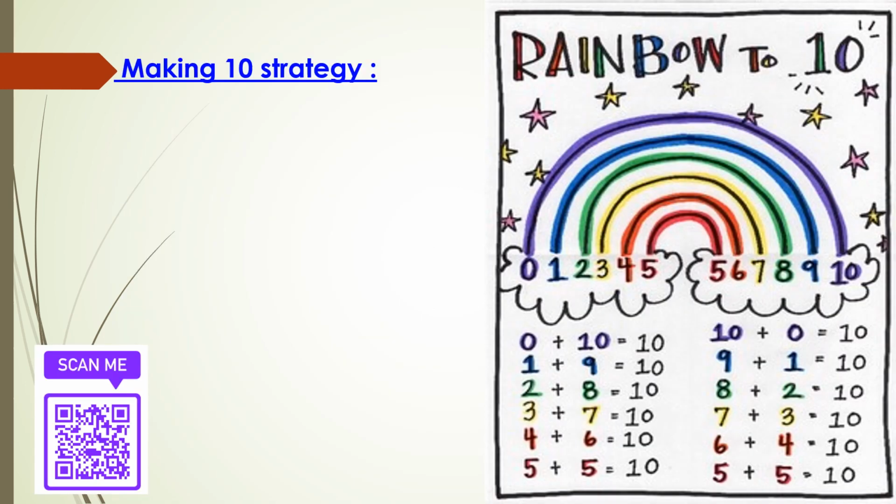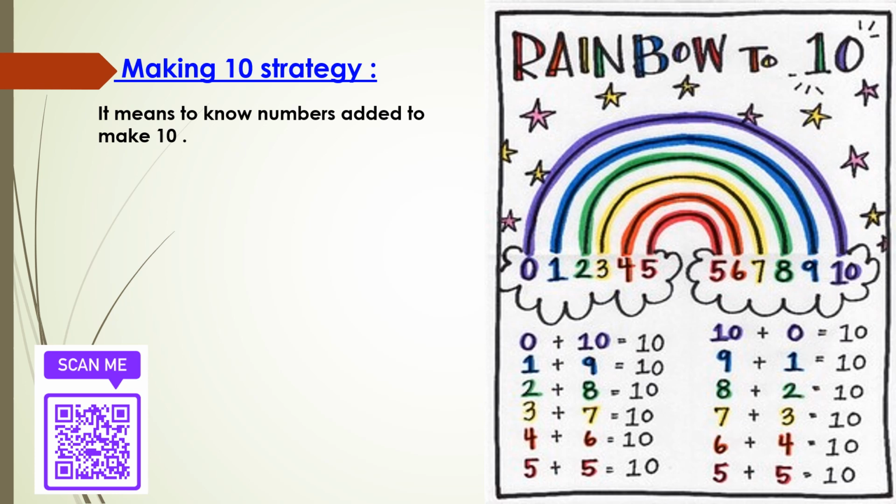Now let's study together the last mental math strategy, which is the making 10 strategy. It means to know number addends to make 10. We have to memorize all the numbers that can be added together to give me 10. Here, look at the following chart.